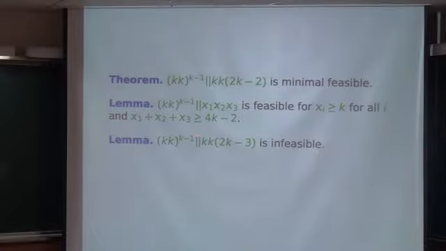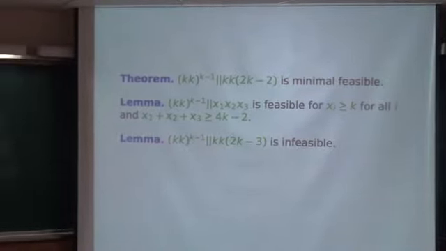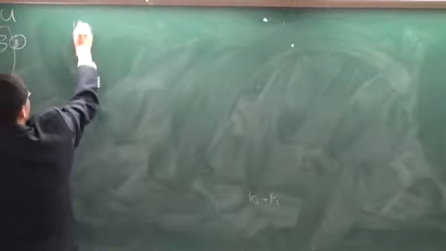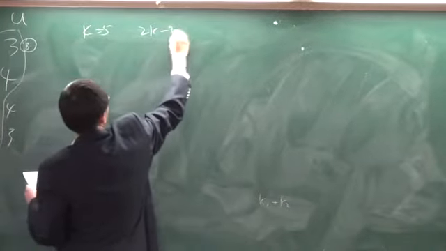Okay, let me show one example of why this is not good. So here, when k is 5, it means 2k minus 3 is 7.